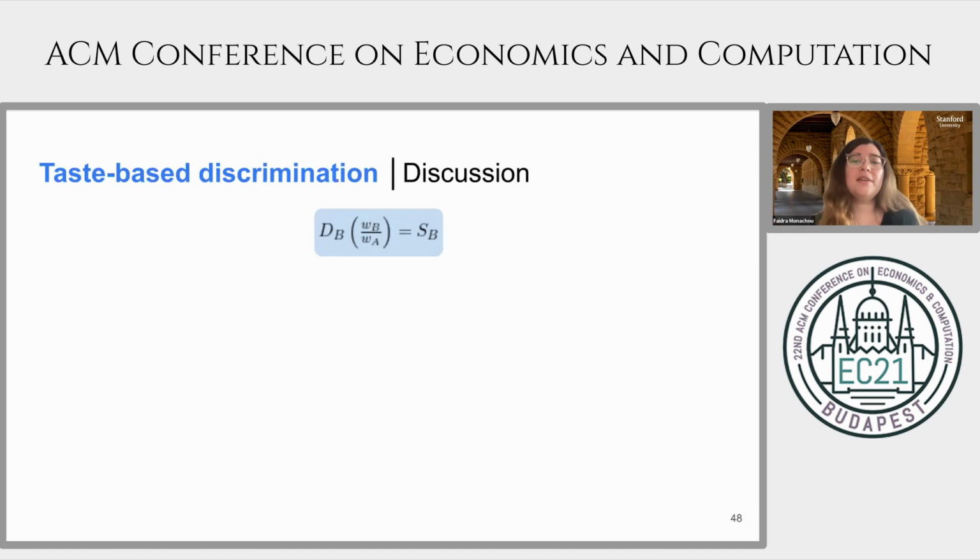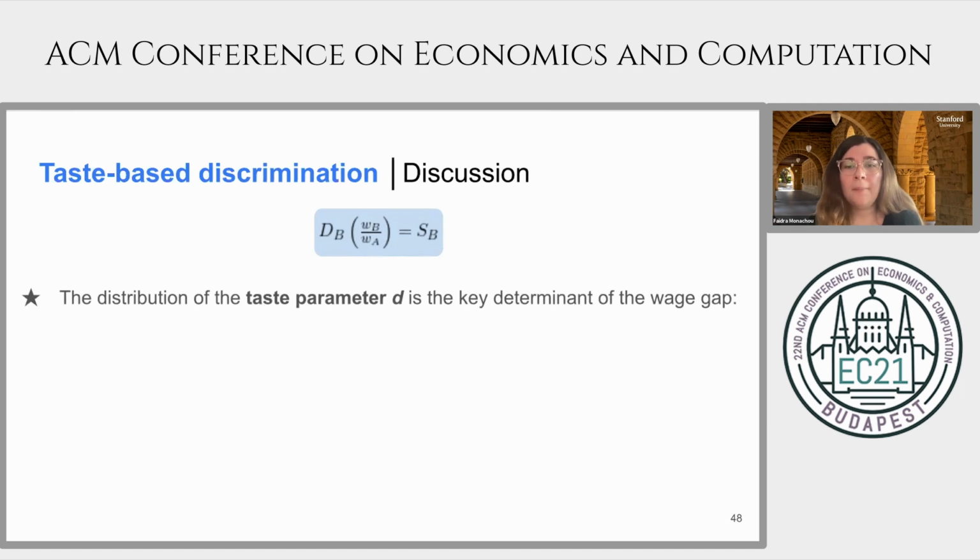So this already gives us some important properties of taste-based discrimination. So one insight here is that the distribution of the taste parameter D in the population is actually a key factor, but not really the only factor that determines this wage gap.